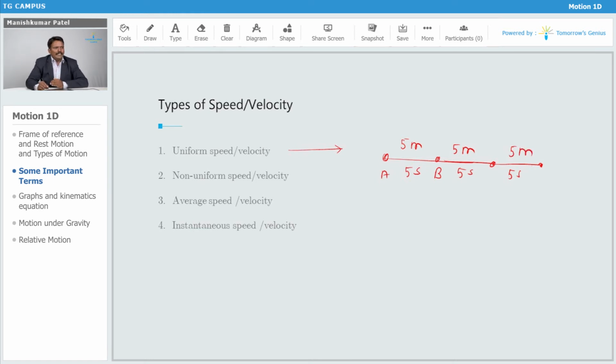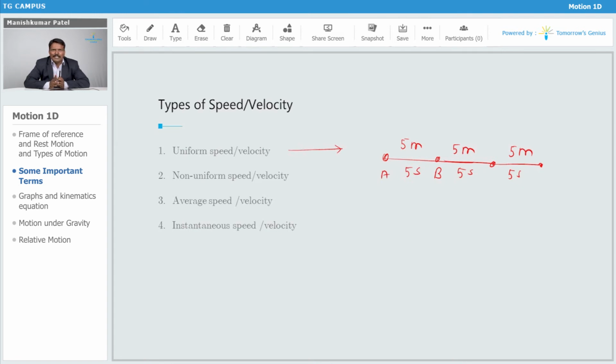So the object covers equal distance in equal intervals of time; that is your uniform speed. The same applies to uniform velocity: if the object covers equal displacement in equal intervals of time, that is uniform velocity.